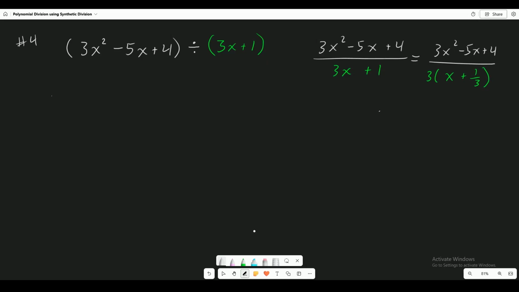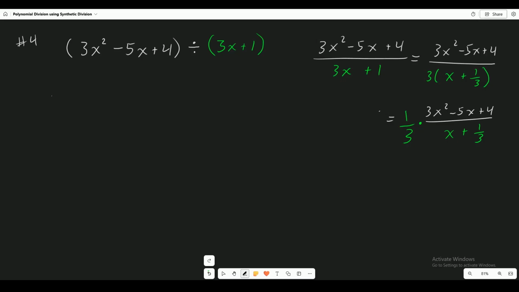Now this whole thing becomes this. 3x squared minus 5x plus 4 over x plus, sorry, let's keep it color coded, x plus 1/3, but the whole thing is being multiplied by 1/3, right? I'm just taking this out and turning it into a fraction. I'm allowed to do that.